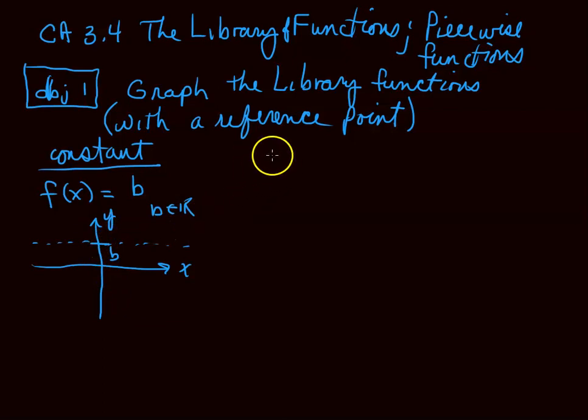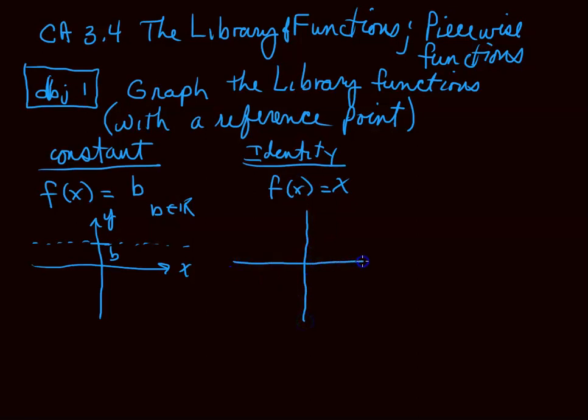Then we have the identity function. That is a function f of x equals x. You put in x, you get out that same x. It's the identity. It's identical. What does it look like when you graph it? Well, if you put in a 0, you get out a 0.